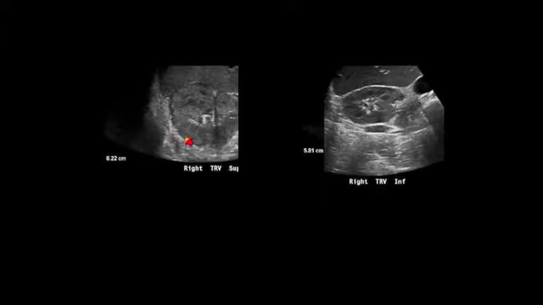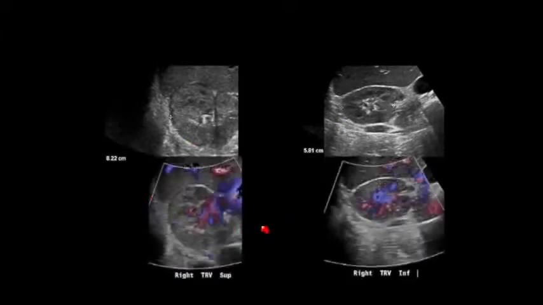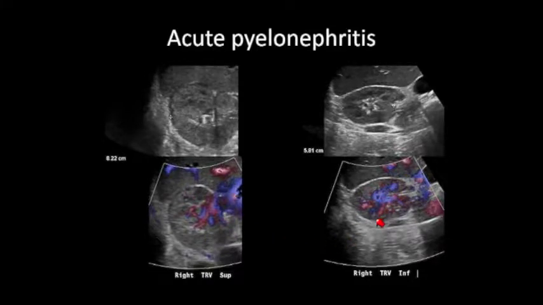Here again, upper pole, lower pole, and we look with color, qualitatively poor color in the upper pole, much better color in the lower pole. So this is classic acute pyelonephritis, and that is not an infrequent finding that we have in patients as an alternative cause for right upper quadrant pain.